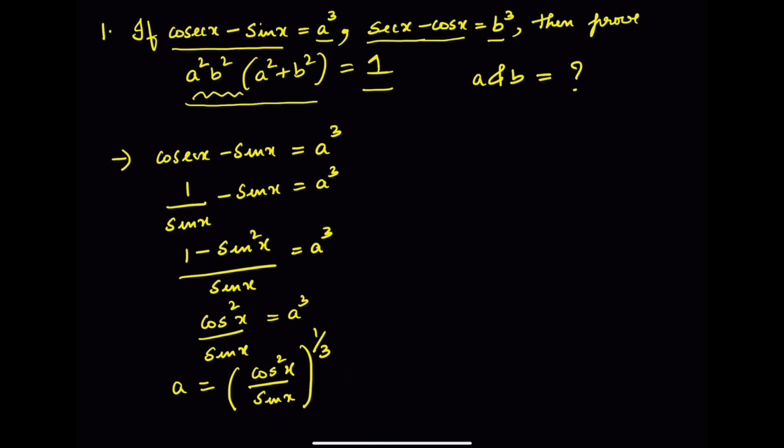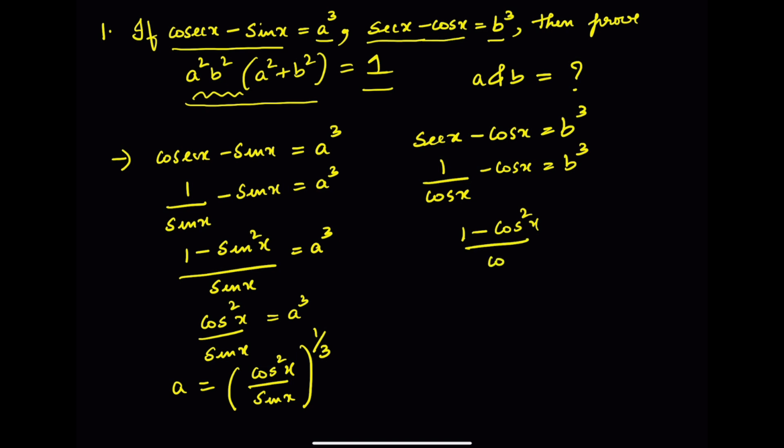Now in a similar way, let's use the second data we have, secant x minus cos x is equal to b cube, and find out the value of b. So this would be secant x minus cos x is equal to b cube. So 1 by cos x minus cos x is equal to b cube, (1 minus cos square x) by cos x is equal to b cube.